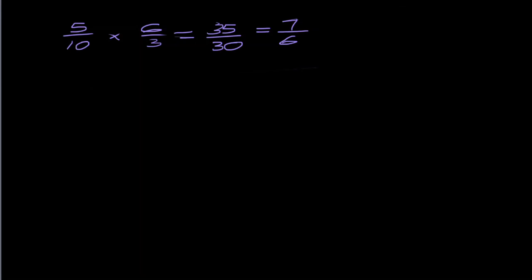Another little handy shortcut with multiplication is, imagine you had something like this. You had 9 over 3 times 6 over 9. In this case, all you're doing is multiplying these two together. So this is the same as writing 9 by 6 over 3 by 9.